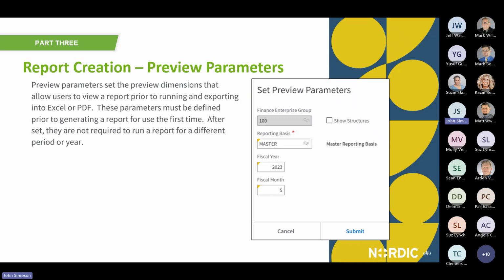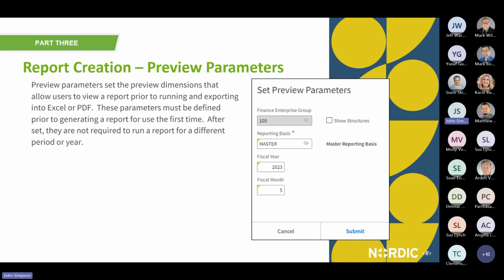But you notice here, I have no preview parameters, or excuse me, report parameters set up. So this is the basic that you get. You can grab a reporting basis. If you have an alternate one, you can swap it out. You can set it for a fiscal year and period. Maybe you have a period that has data and you're familiar with that particular data period, and you can put that in here. You can also hit show structures, and that's going to allow you to swap in alternate structures.